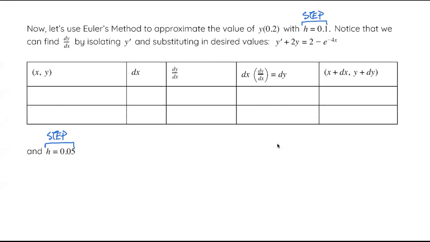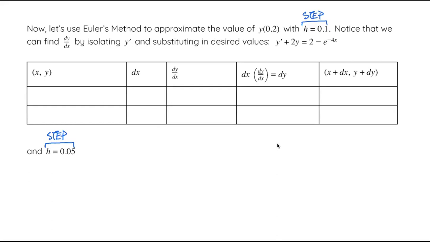In particular, the first step is twice as big as the second step. So if we think logically, which one will give a better approximation? I hope we say the second one, because we are cutting it into smaller pieces as we approximate, so we're able to get closer and closer to the actual value.